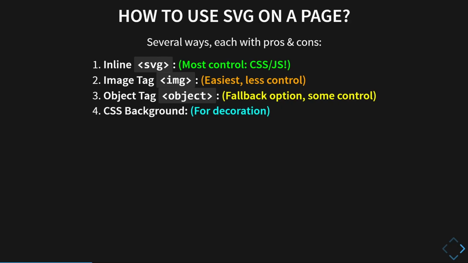And fourth, CSS backgrounds. You can use an SVG file in your CSS background image property, just like a PNG or JPEG. Great for repeating patterns or simple decorative icons. For today's demo, focusing on shapes and animation, inline SVG gives us the most power.